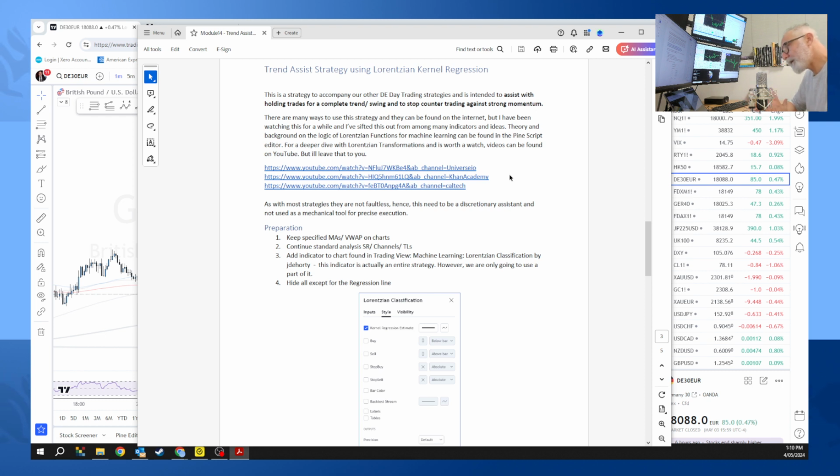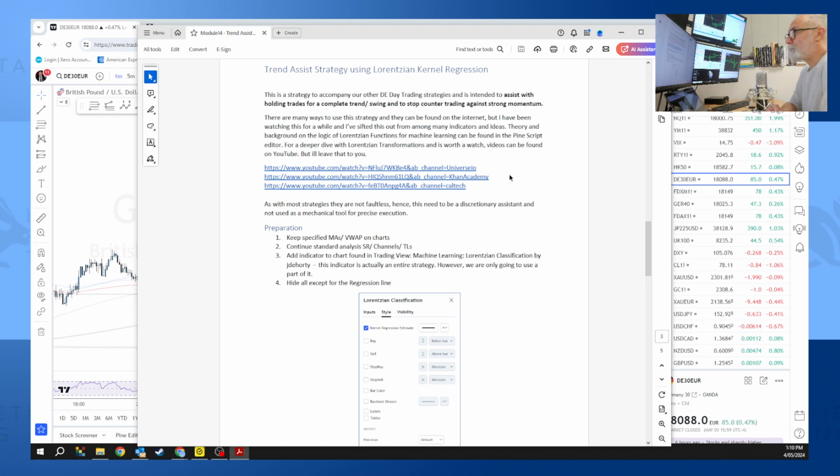We need to take into consideration all of the other strategies, things like classic TA, Wyckoff, cycles, session timing, the VWAP, MAs, etc. Volatility as well is another important one that we need to consider.